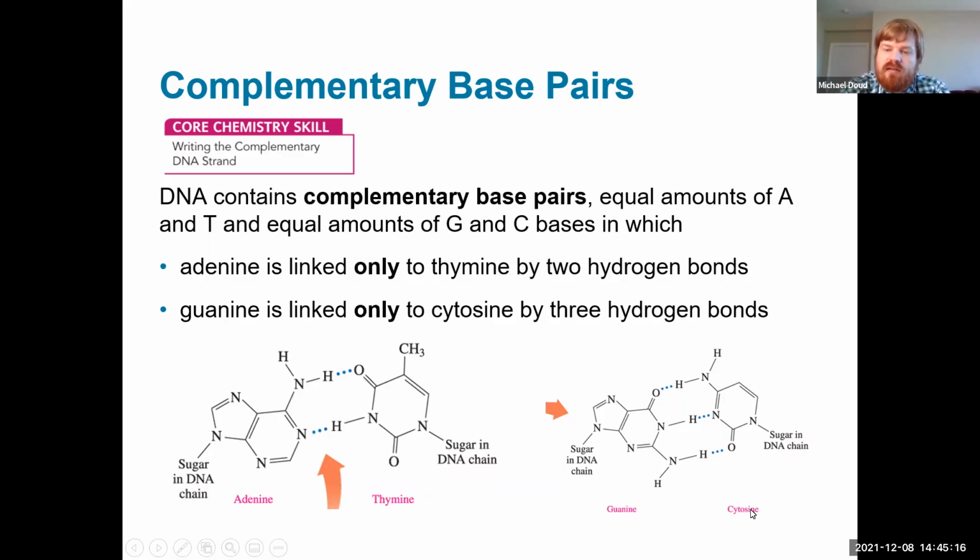Only guanine and cytosine pair the opposite way, where guanine has a carbonyl oxygen that accepts a hydrogen bond, then a nitrogen that gives a hydrogen bond to a nitrogen on cytosine, and then a nitrogen that again gives a hydrogen bond to another carbonyl on cytosine this time. So this matching allows for base pairing, where because of these hydrogen bonds, you can't fit a guanine next to a thymine or an adenine.